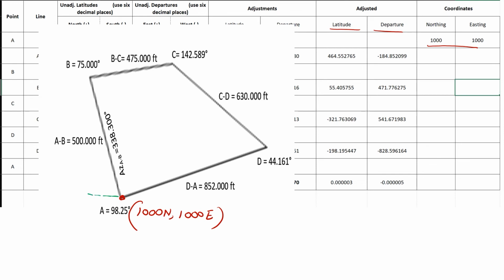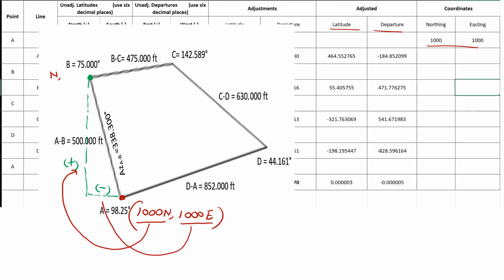So for this AB, this is my latitude and this is my departure, right? So we need to find the coordinate of point B. So what you do is you take this northern value and you add this latitude, and that would give you the northern coordinate, right? And you take this easting value and you add this departure to the easting value, and that would give you your easting coordinate, right?